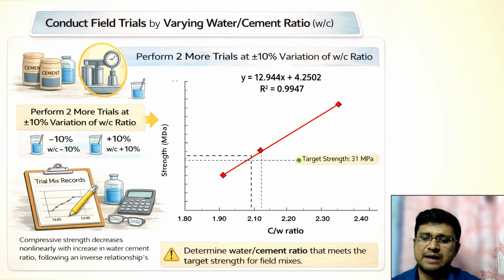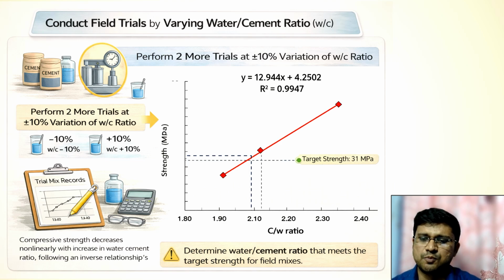But it may happen that after we have done all the mix design calculation and then prepared the concrete, and after 28 days of concrete cube testing, we may find out that the strength of concrete is not the same as our target mean strength. It may be more, it may be less. So what do we have to do?